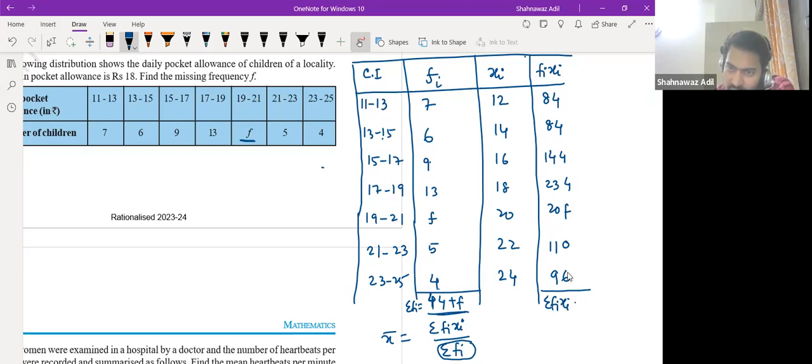And then what is the summation of fi xi? So this is 6, and then plus 20F.